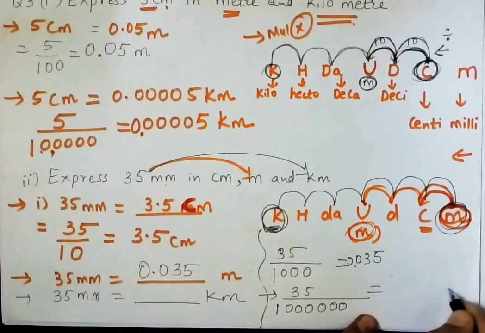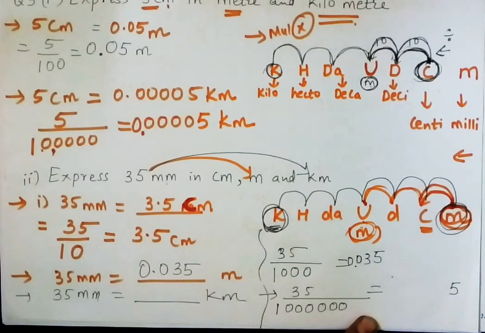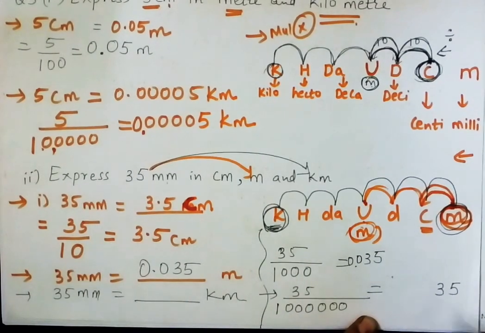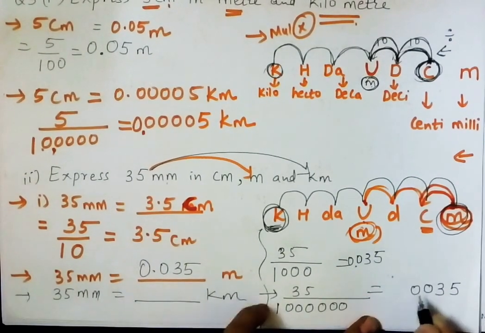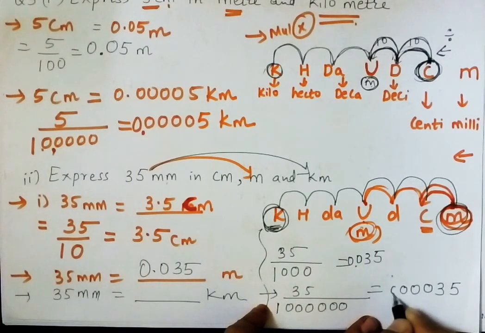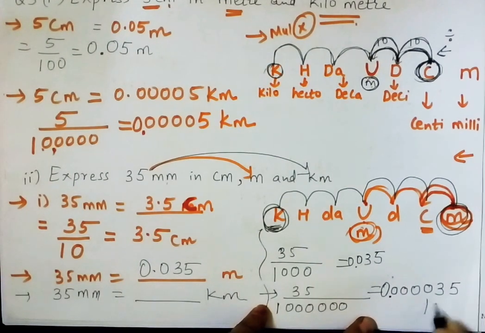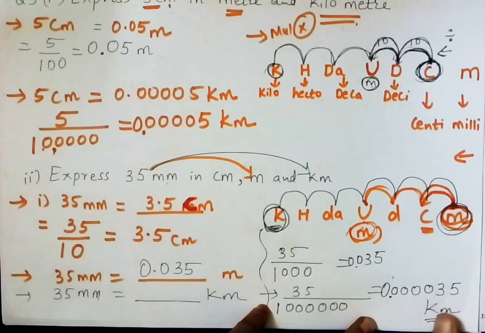Our first digit is 5, the second digit is 3, other digits are not there, so we will take 0. So first digit, second, third, fourth, fifth and sixth digit. After the sixth digit we will keep the point, and here again you can take 0. So our answer is 0.000035 kilometer.